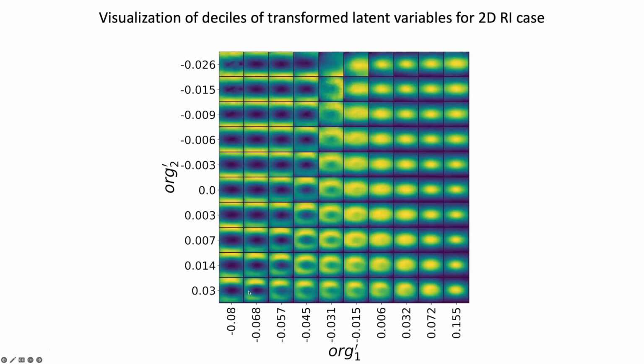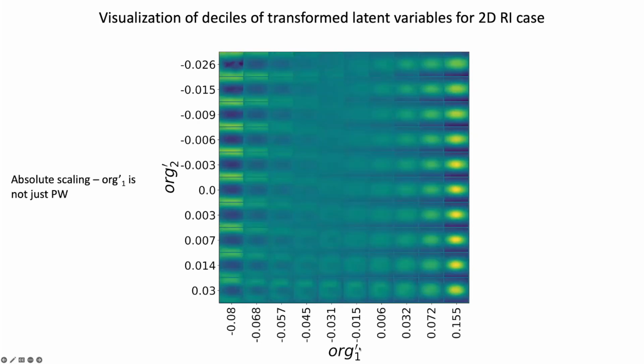And I think in this case, it's much clearer to see that as you go towards the right for org1 prime, it's much more aggregated and significantly less aggregated on the other side. And then it's a little bit less clear exactly what org2 prime is, but as I've said, the majority of the variance is actually explained by org1 prime.